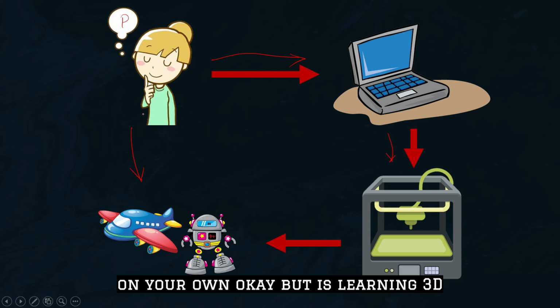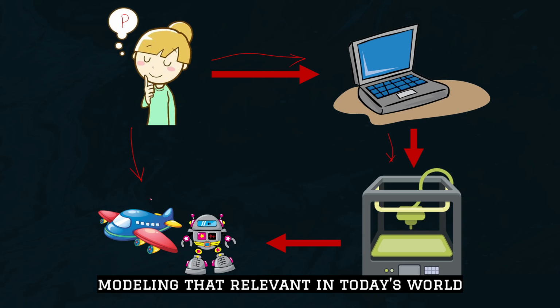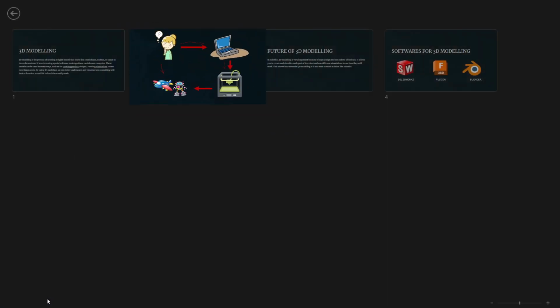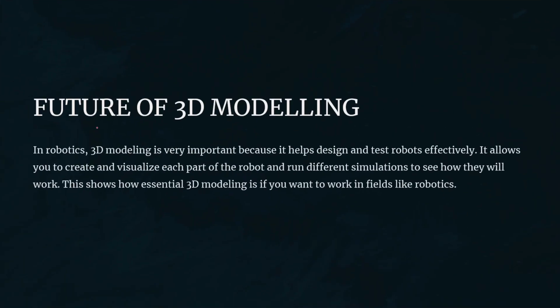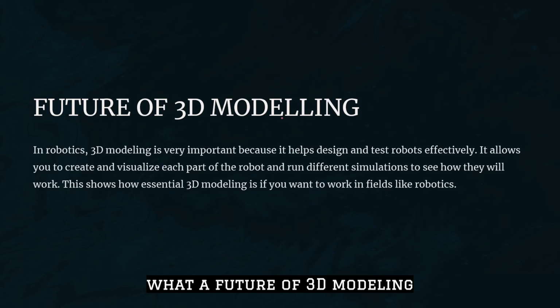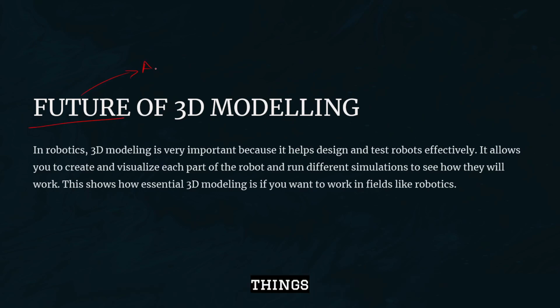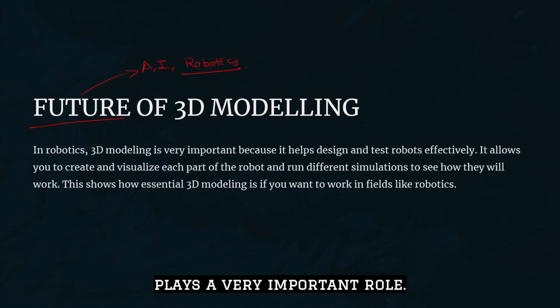Okay, but is learning 3D modeling that relevant in today's world? Let's find out. Okay, what is the future of 3D modeling? So whenever we talk about the future nowadays, we talk about two things: AI and robotics. So in the case of robotics, 3D modeling plays a very important role.